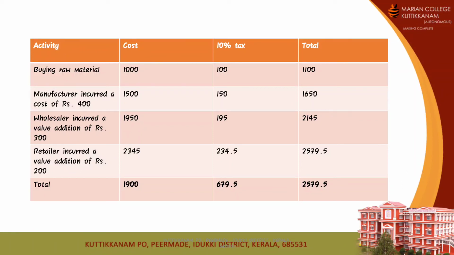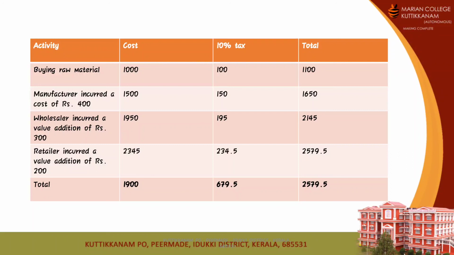He does not pay tax on the value addition alone. He pays tax on the total cost of the product, in which the tax he paid already is included. That is why it is known as the tax cascading effect. Tax is again charged on a tax amount. So the total cost of the product comes to 1650 rupees.